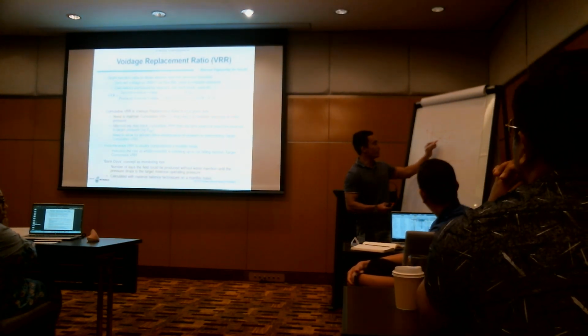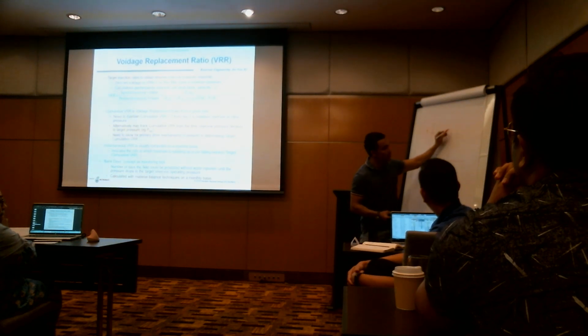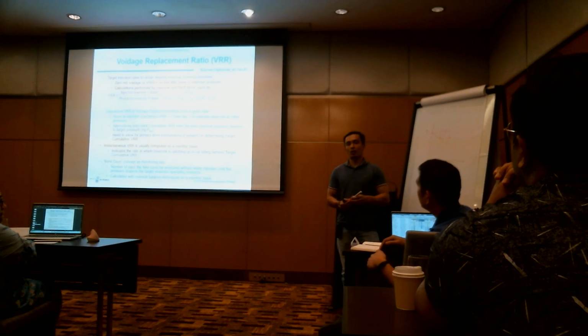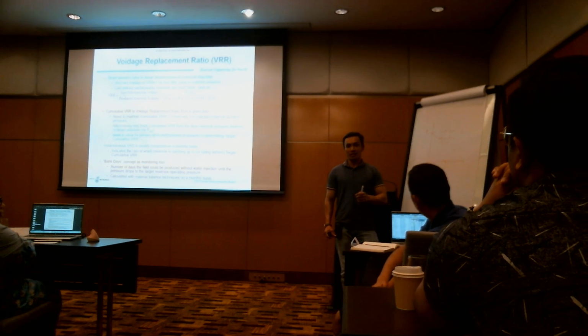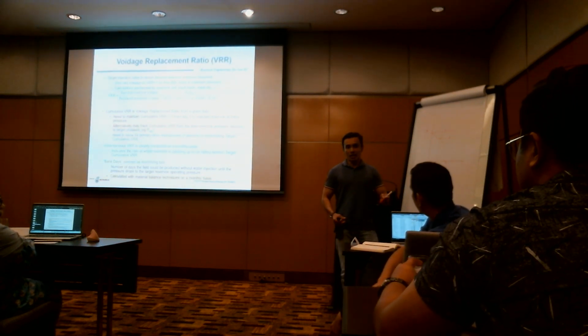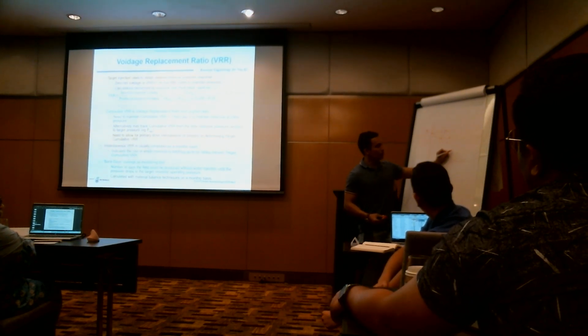Yes, it will be B. But how do you get back to the original PI? What will you do? Yes, in this case, you might want to increase your instantaneous VRR.